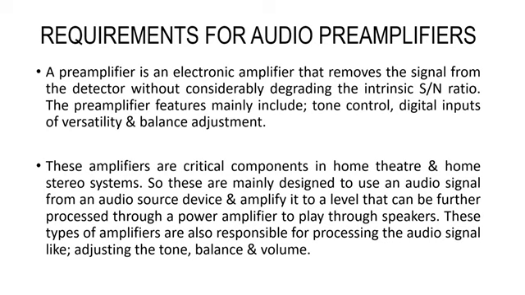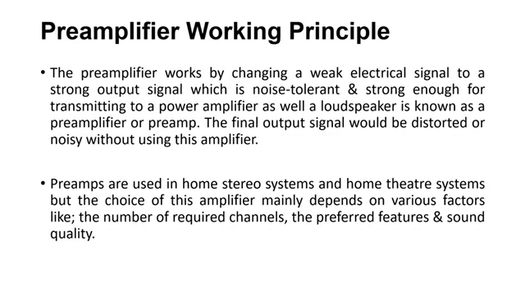This type of amplifier is also responsible for processing the audio signal, like adjusting the tone, balance, and volume. These are the places where we can use audio preamplifiers. So what is the working principle of a preamplifier? It works by changing the weak electrical signal to a strong output signal, which is noise tolerant and strong enough for transmitting to a power amplifier as well as the loudspeaker.